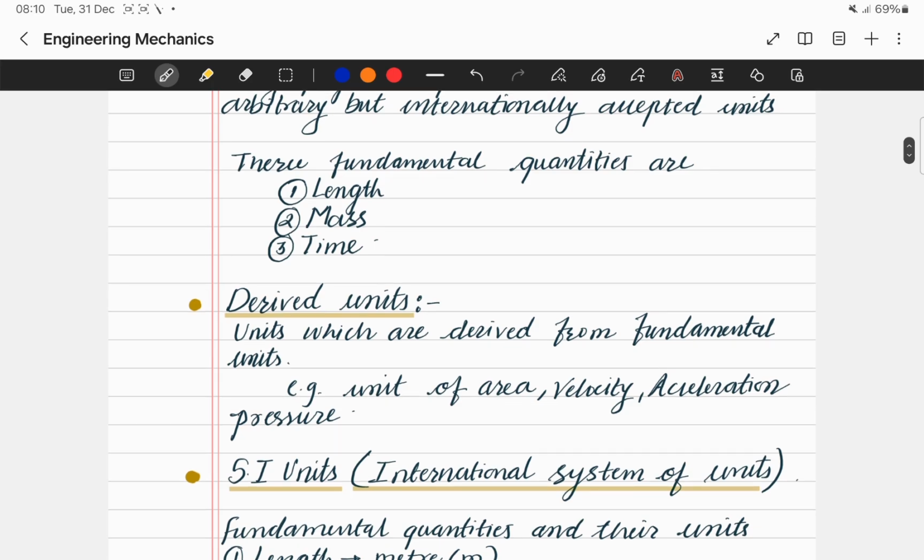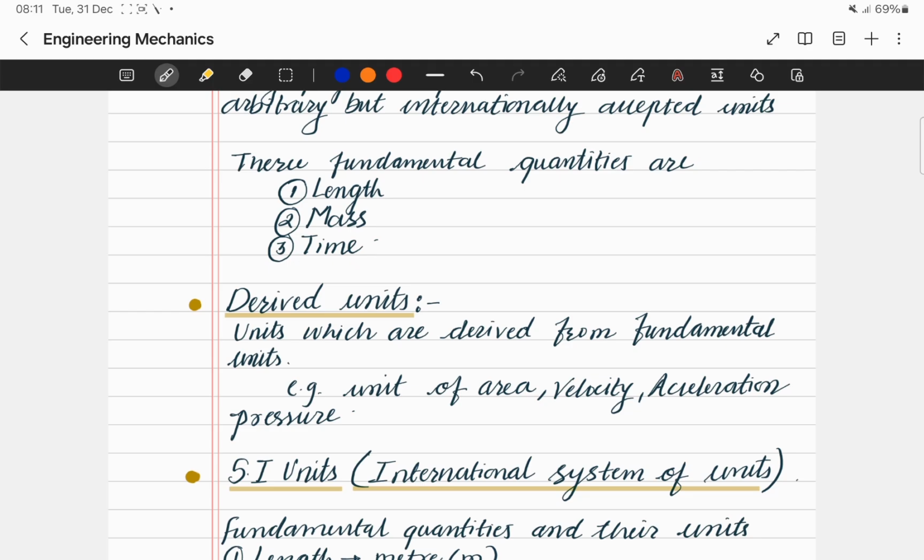If we derive other quantities from the fundamental quantities, then those are nothing but derived quantities. For example, if there is a square, how will we find the area? That is nothing but the two sides of the square.